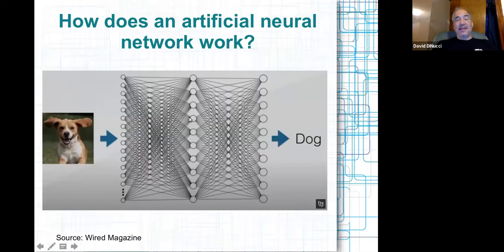If it's negative, it means it's an inhibitory connection, which means if there's an impulse coming down here, it actually keeps this neuron from firing, or at least subtracts from the chance that it's going to fire. And so these lines very much represent the same thing as those axons and dendrites and the connections between them. And then the same thing is happening again between this hidden layer and the output layer.